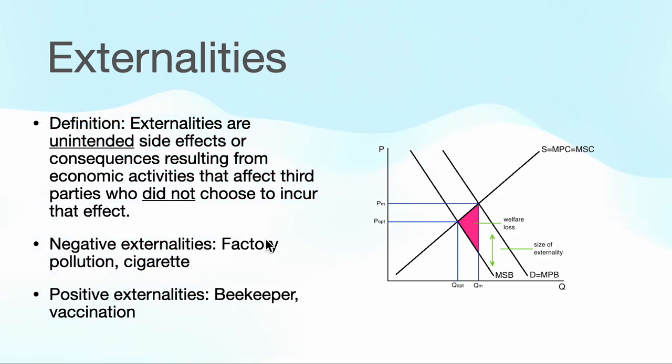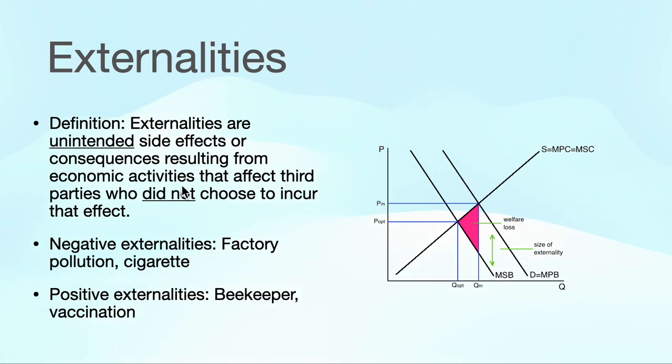A factory produces pollution. Think about if you own a jeans factory. Besides producing jeans, which is the economic activity, you're also producing pollution into the air, into the water. So that is your unintended side effect, because you do not purposely want to pollute the environment, but it is an unintended side product of your jeans production.